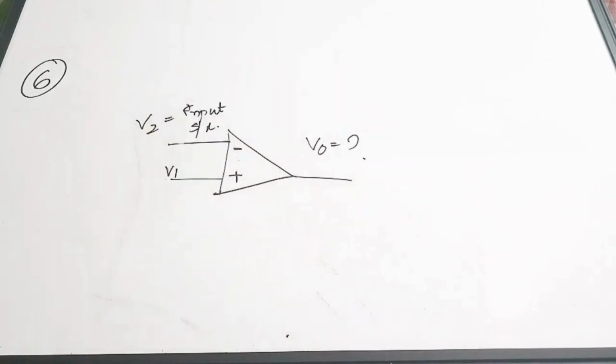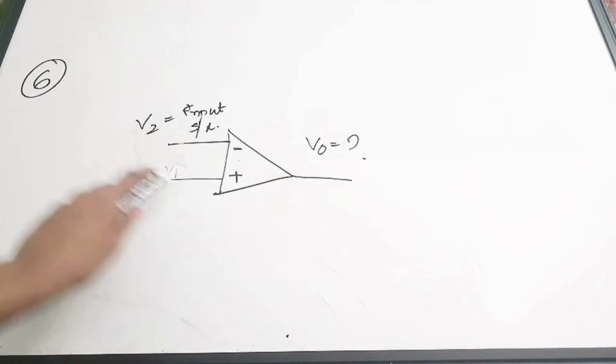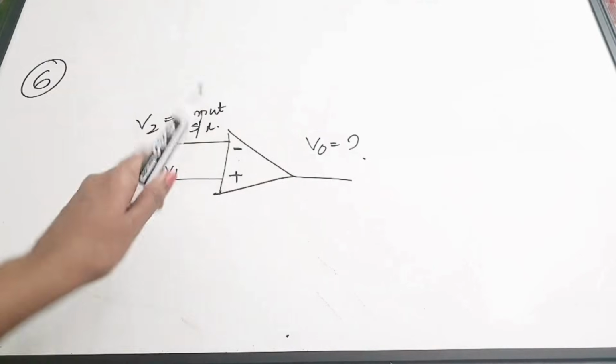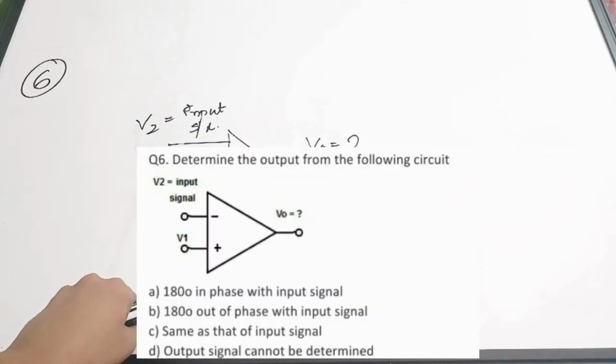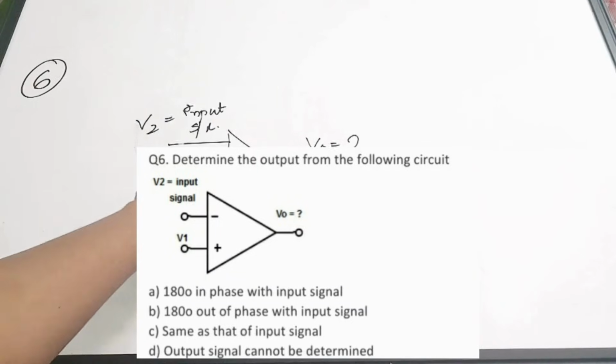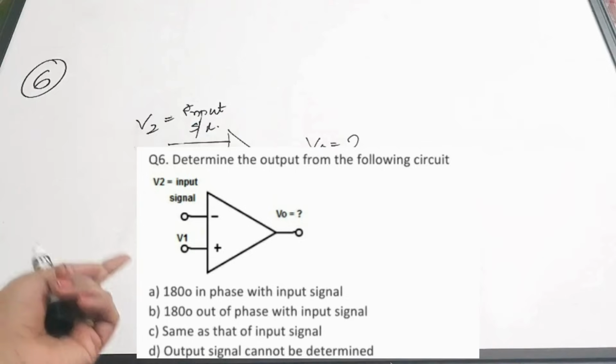That is the question. Options are A, 180 degree in phase with input signal, B, 180 degree out of phase with input signal, C, same as that of input signal, D, output signal cannot be determined. This configuration, in which you connect your input signal to the inverting terminal, is called an inverting amplifier.